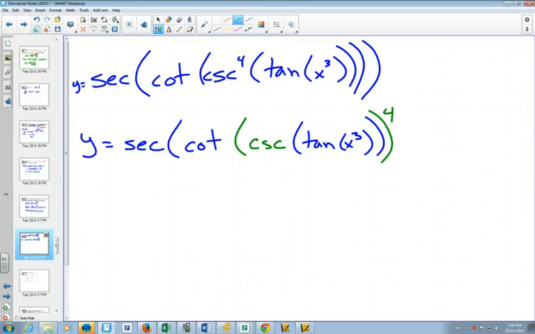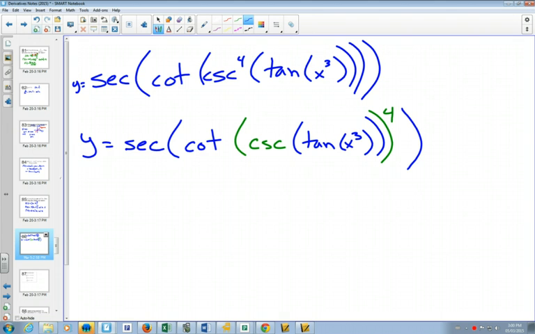Are you okay with that, putting that 4 out like that? And then I'll close this blue bracket. Just so that when we go from our outside in, we hit that 4 at the right time. Because if we didn't, we might hit it too soon. So, all right, here we go.